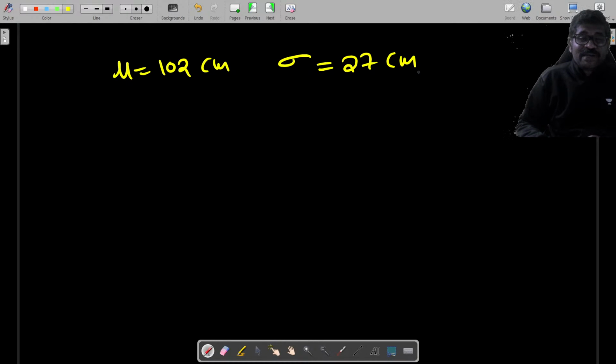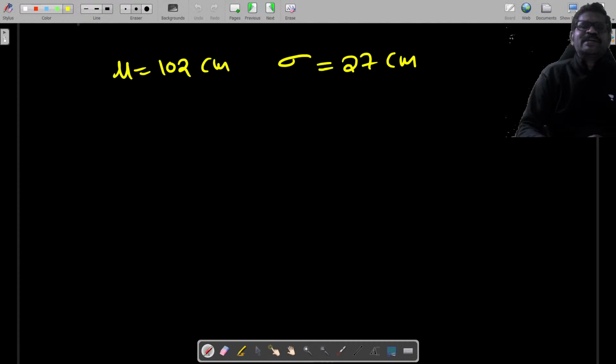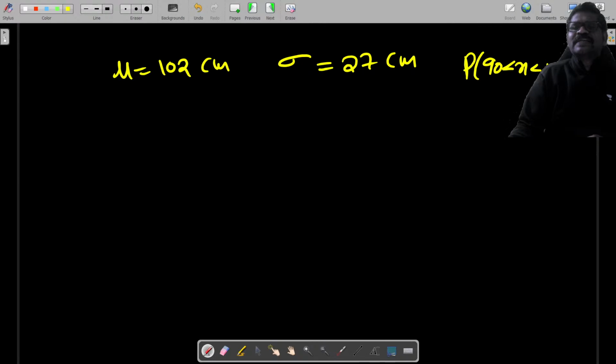So we have to find the probability that annual precipitation will be between 90 and 102 centimeters, that is, the probability of 90 less than x less than 102.